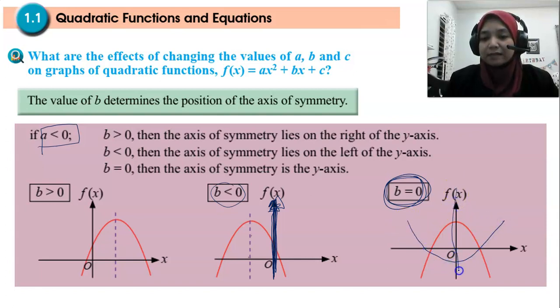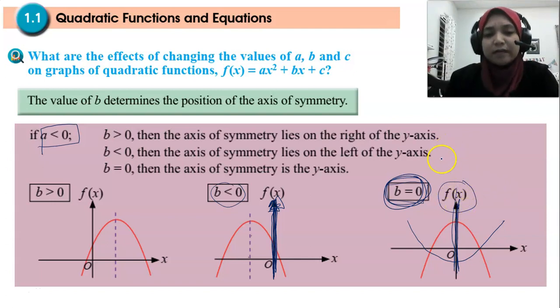And your y-axis is your axis of symmetry. So, for both value of A, either positive or negative, when B is equal to 0, your position of axis of symmetry is also the y-axis. Same for both. Kena ingat.